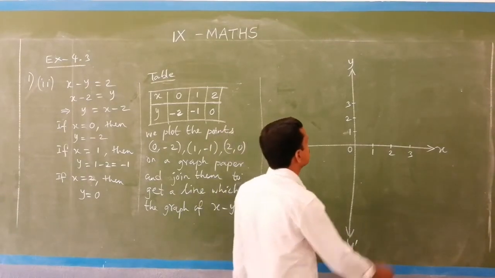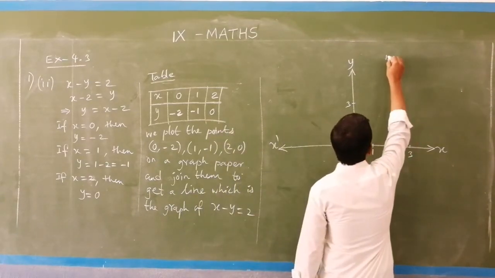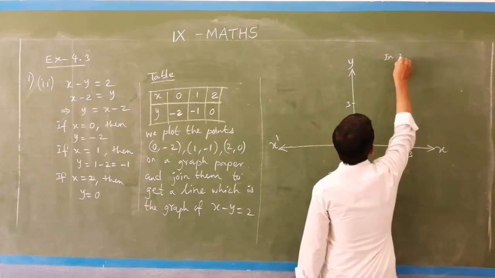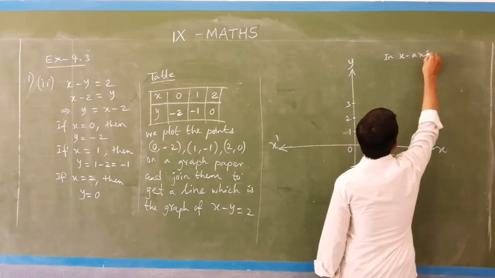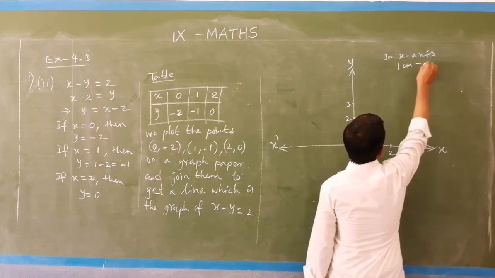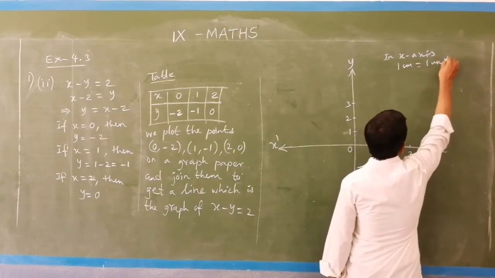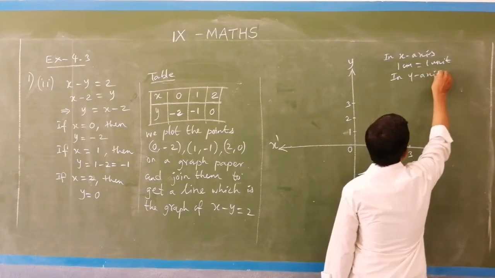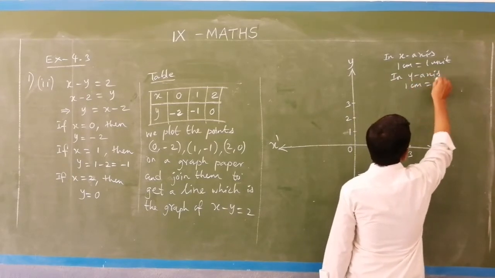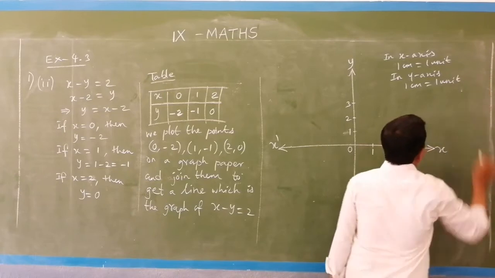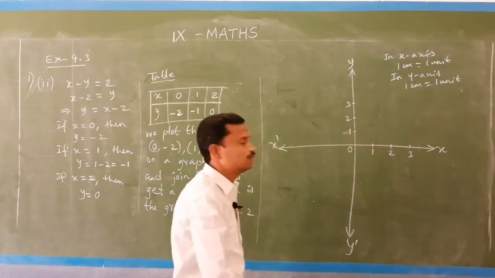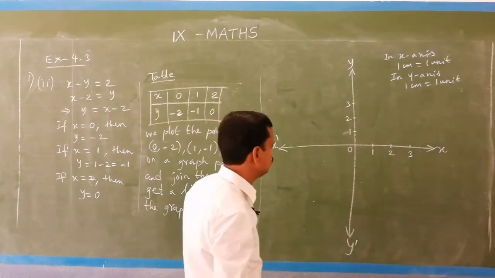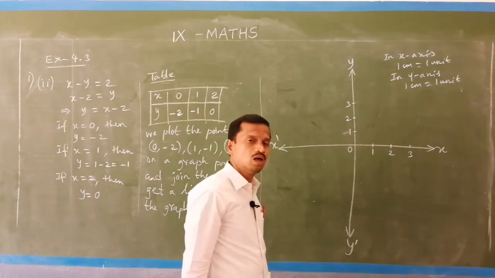And you have to write the scale: in the x axis 1 centimeter equal to 1 unit, in the y axis 1 centimeter equal to 1 unit. So, this is the scale you have to write. In all the axes 1 centimeter is 1 unit.